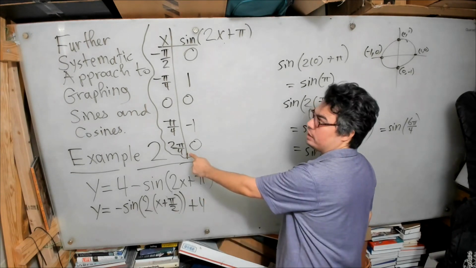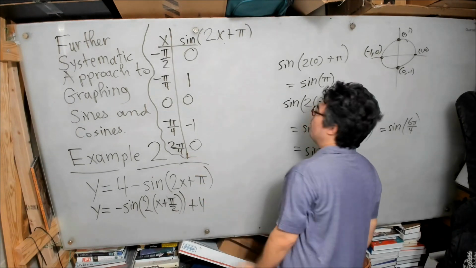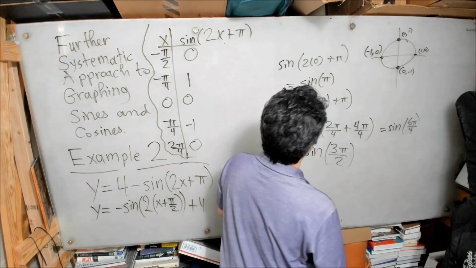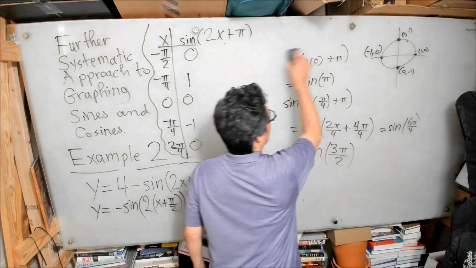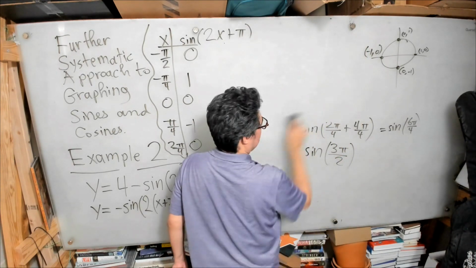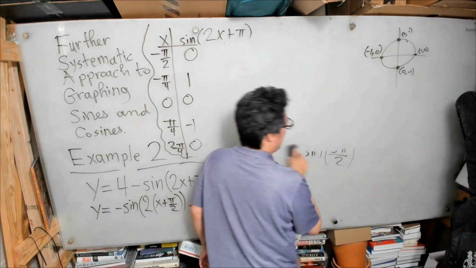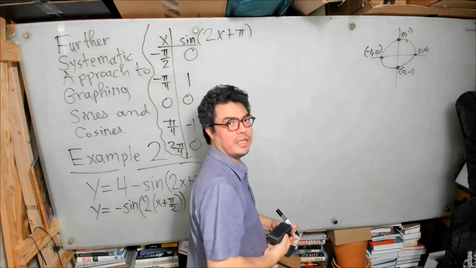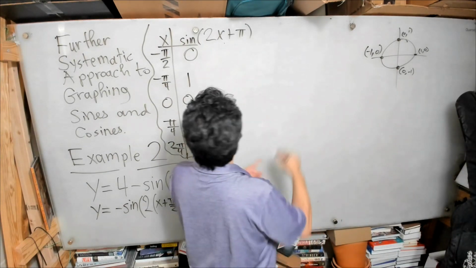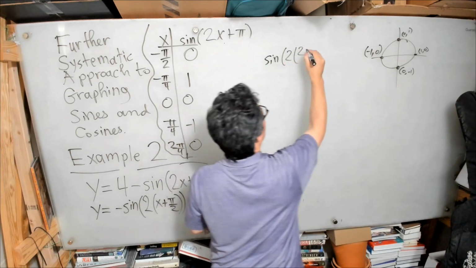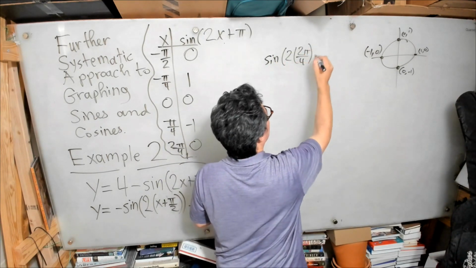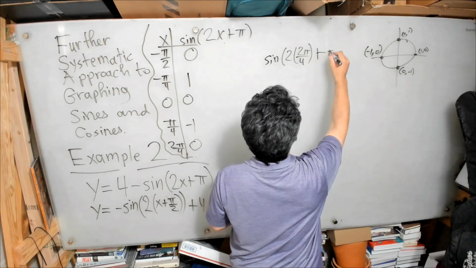And then you can see here the 2 pi over 4, let's do that here real quickly. I just want you guys to see how you can always double check, okay? So what is the sine of 2 times 2 pi over 4 plus pi?